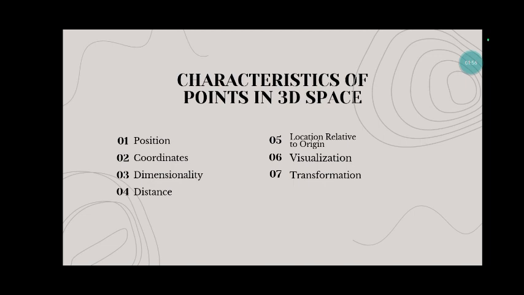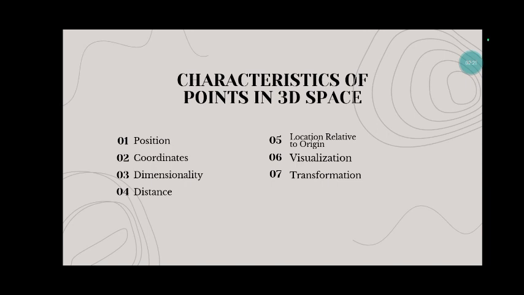Points have three coordinates, which are x, y, and z, which determine their location relative to a chosen reference frame. Dimensionality. Points in 3D space exist within a three-dimensional environment, allowing for movement and positioning along three mutually perpendicular axes.